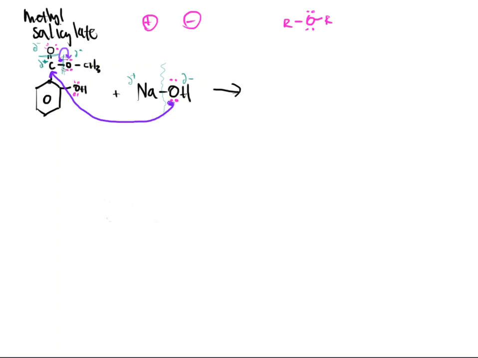Well, when I do that, that means this OCH3 is going to go off on its own. So OCH3 is now away, and it still has two pairs of electrons. And now it has this pair of electrons from that bond. Okay?